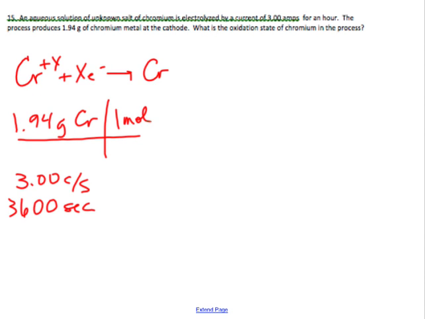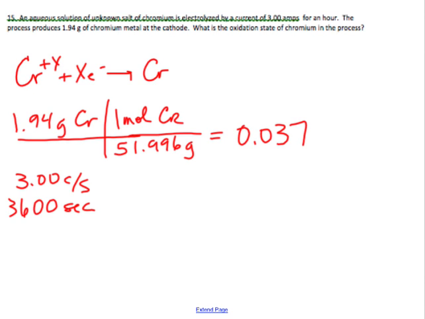Sometimes you guys just have to play with numbers until you figure it out. So 1 mole of chromium is 51.996 grams. So how many moles of chromium do we have? Okay.